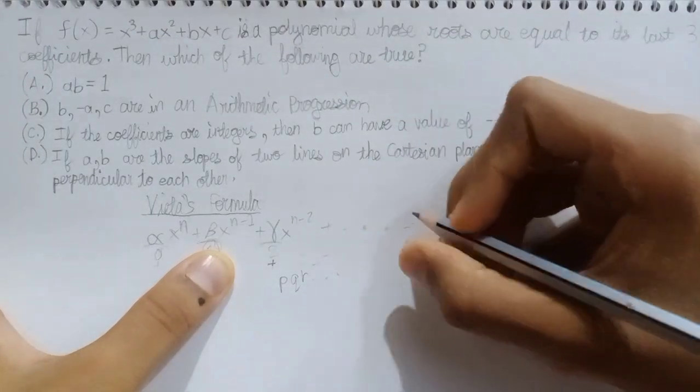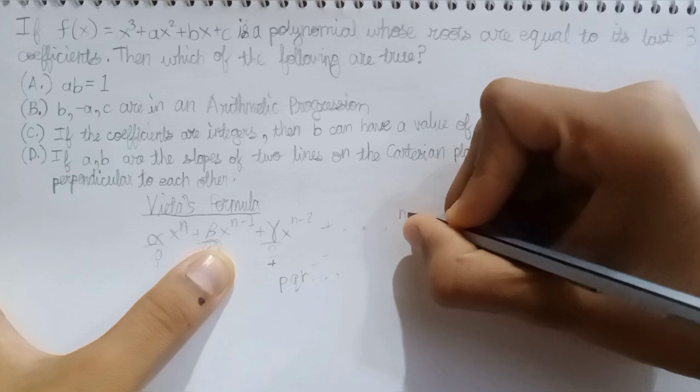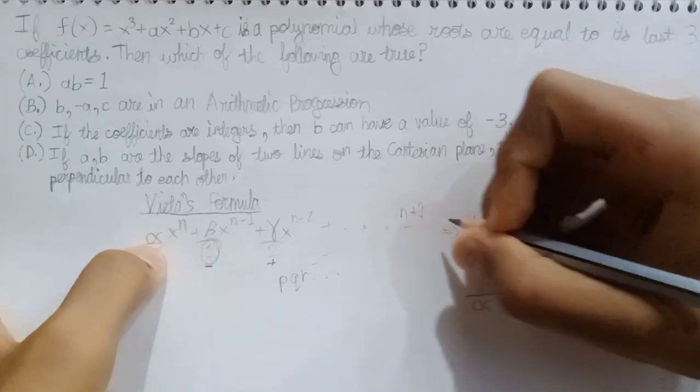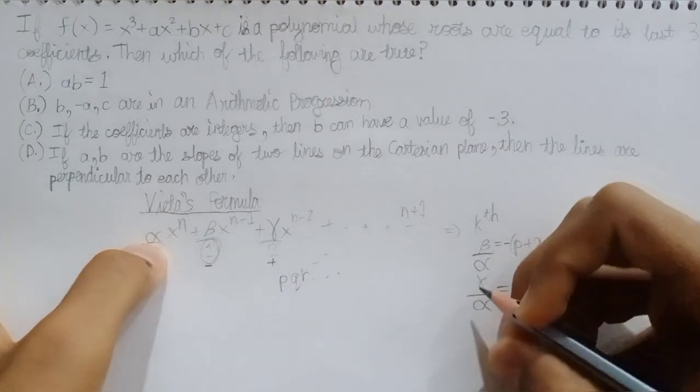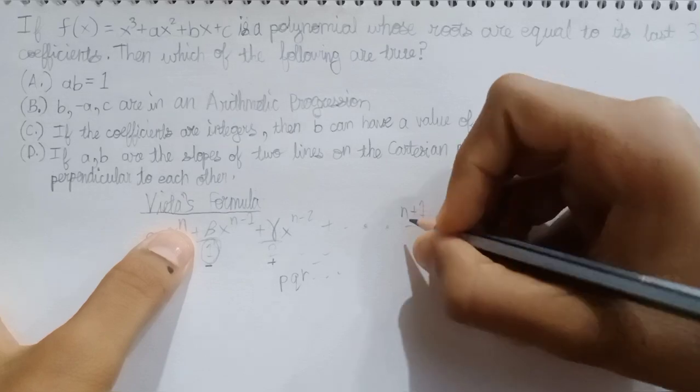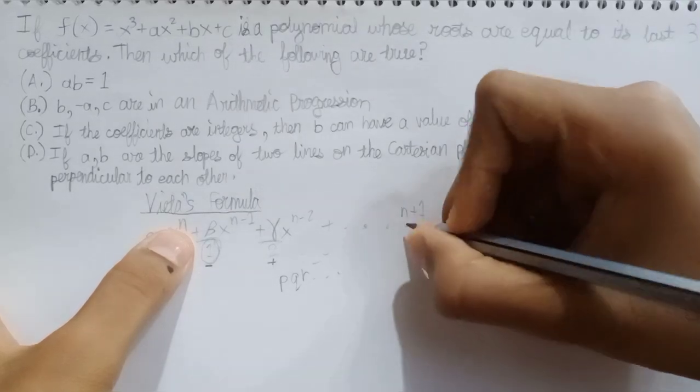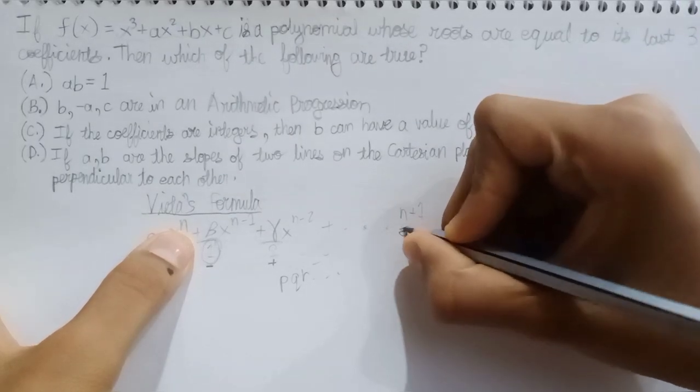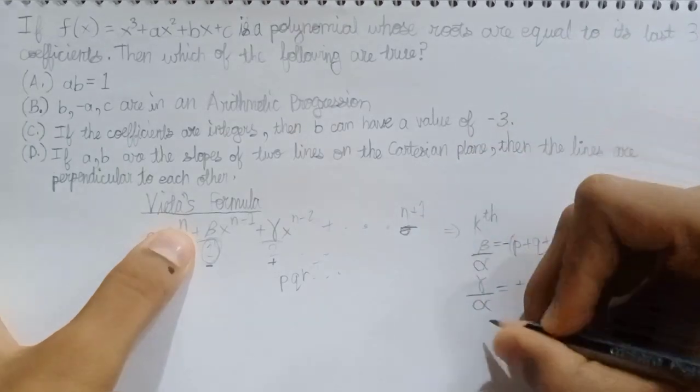If you take the last term, which is going to be the (n plus 1)th, because we're starting with 0 here, let's call it sigma.